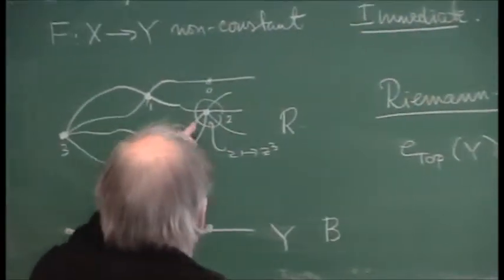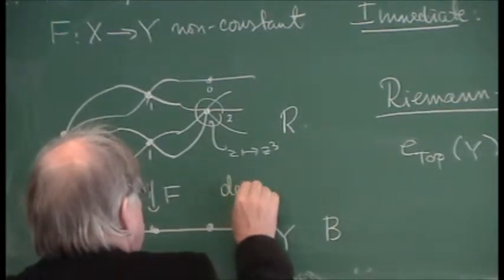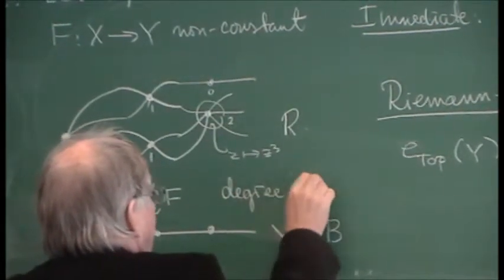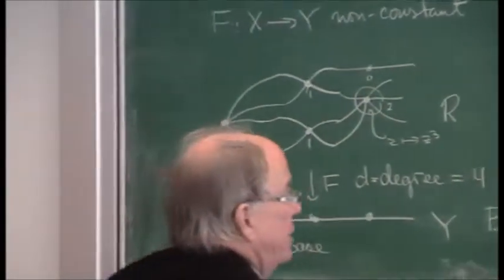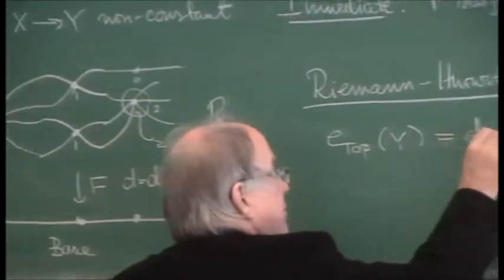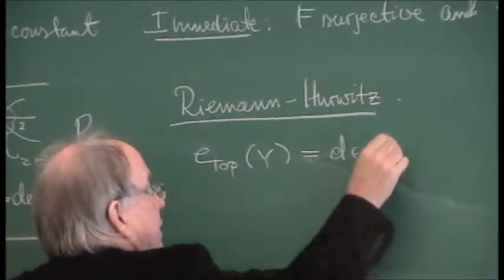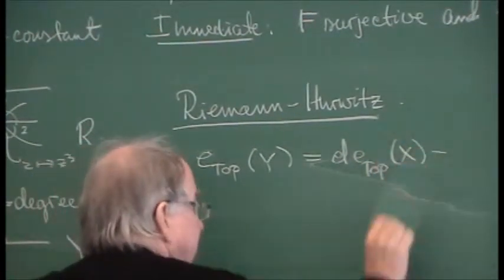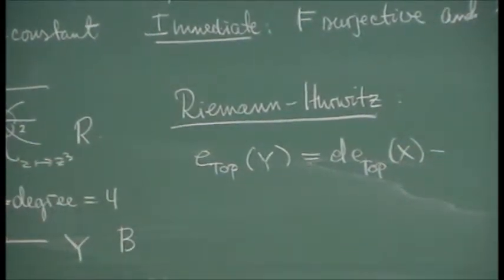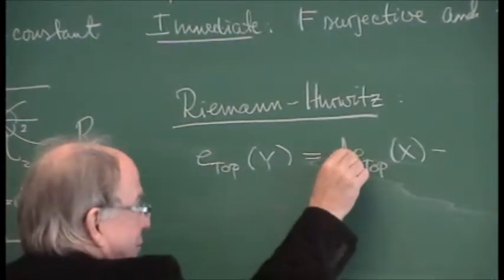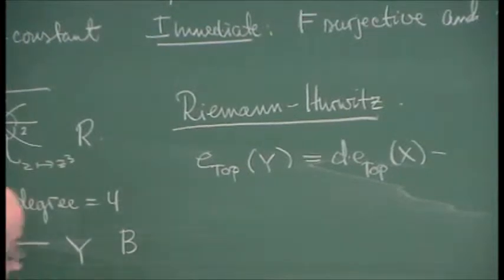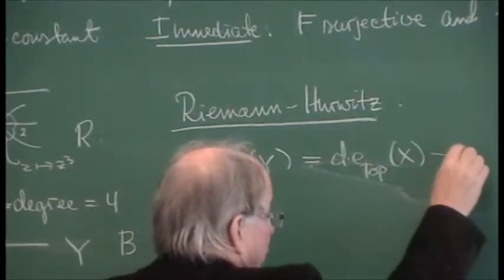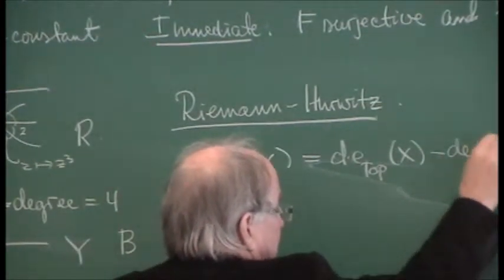Let me write it. This is degree. So degree in this case is 4, and in general I'll call it D. So it multiplies. And then you make a mistake that you have to correct. So this is D, this is not the differential of this, this is D times that. And you make the mistake, and the mistake is the total degree of the ramification.